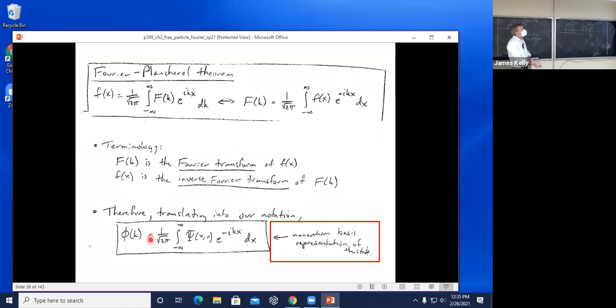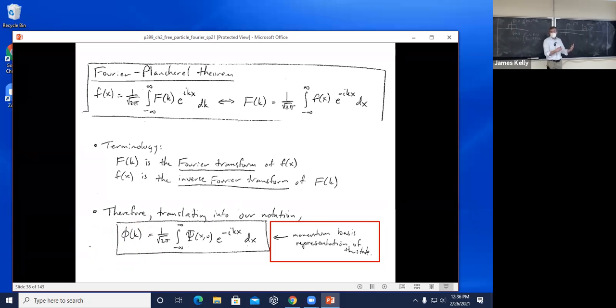Because of this, phi of k we think of as a different way to represent the state that we're in at a particular time. So I could tell you what state we're in at time t equals 0 by drawing psi of x and 0 as a function of x. But just as equivalently, I could give you phi of k. And because p equals h bar k, this is just as good as giving something as a function of momentum.